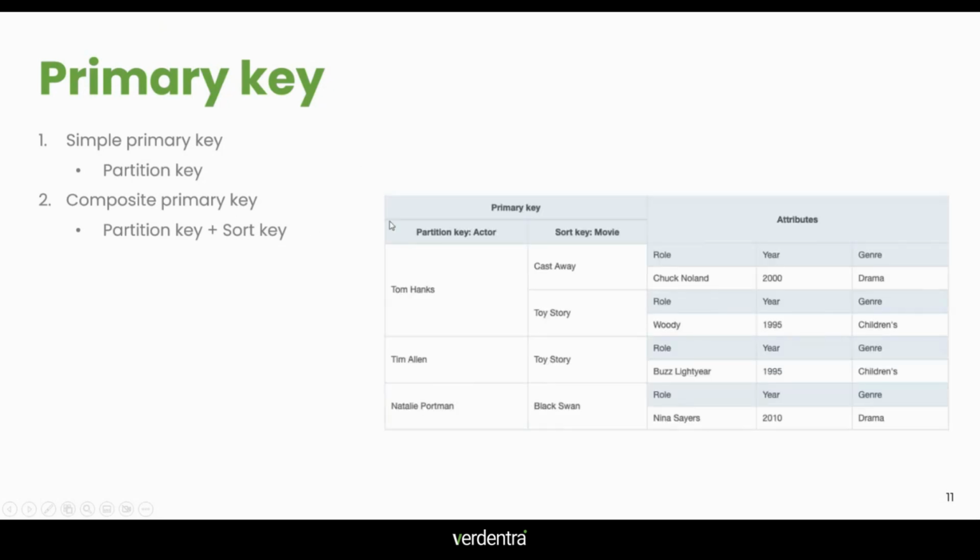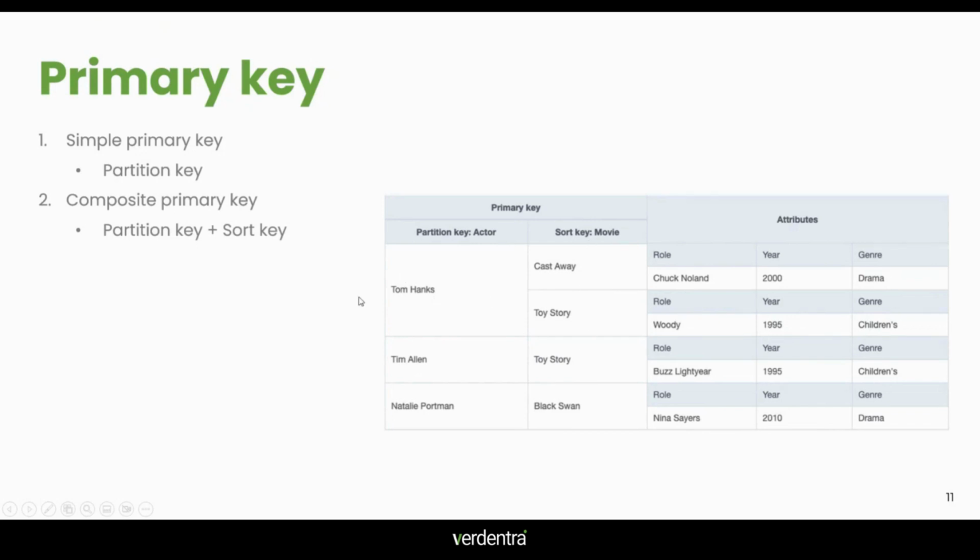So let's look at an example. Here we have a different kind of table, and you have your partition key as actor and sort key as movie. If you have a common partition key, you can put together your items in this manner. So for Tom Hanks, you have 2 movies.